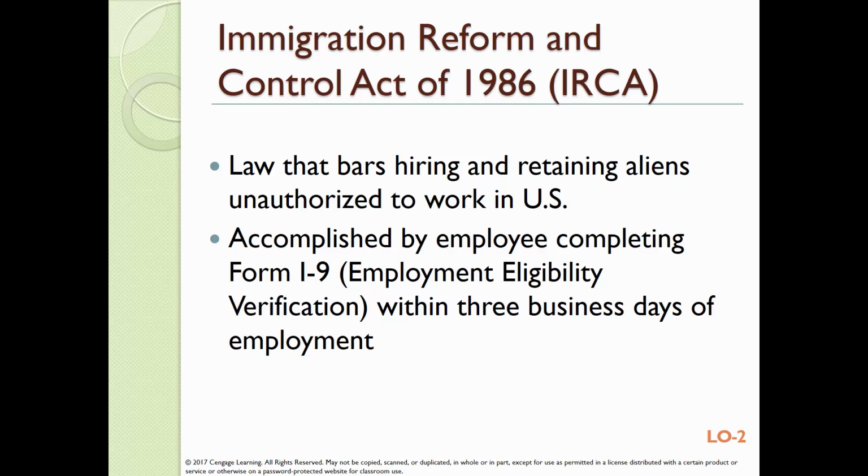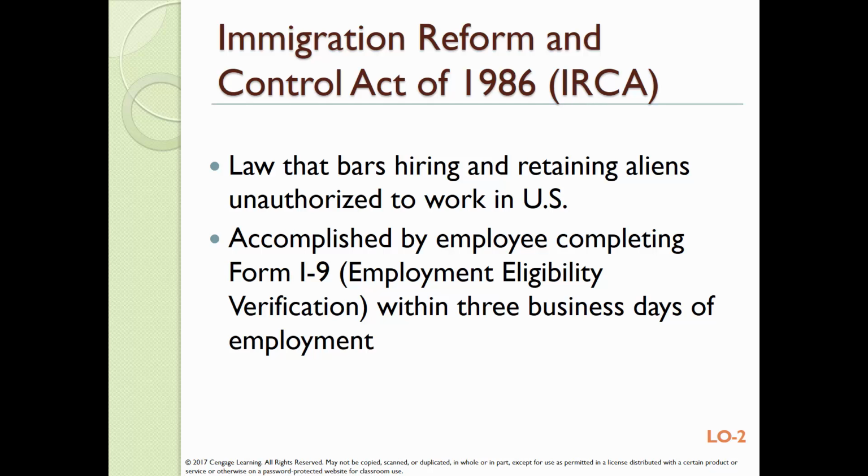Obviously, it's a very hot button issue right now. There really hasn't been major subsequent immigration legislation. First off, this formed the Immigration and Naturalization Service (INS), so the federal funding for this bureau.